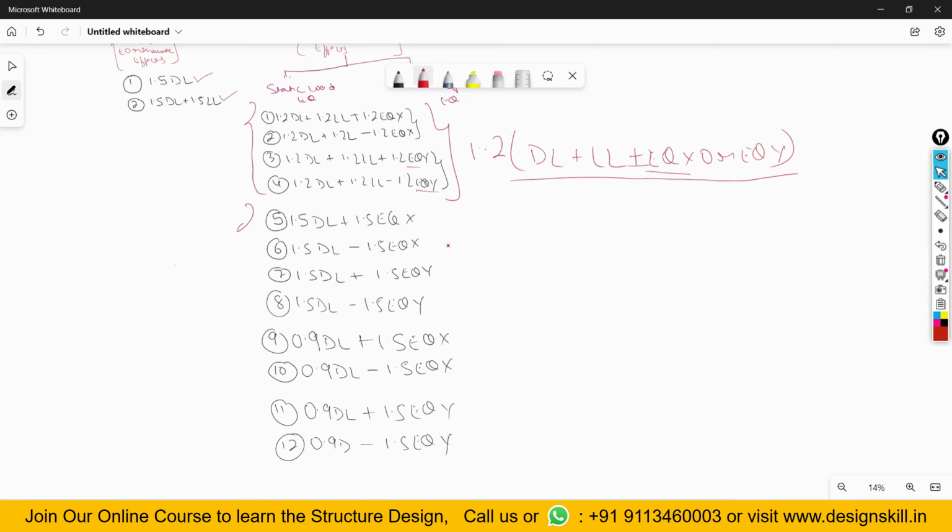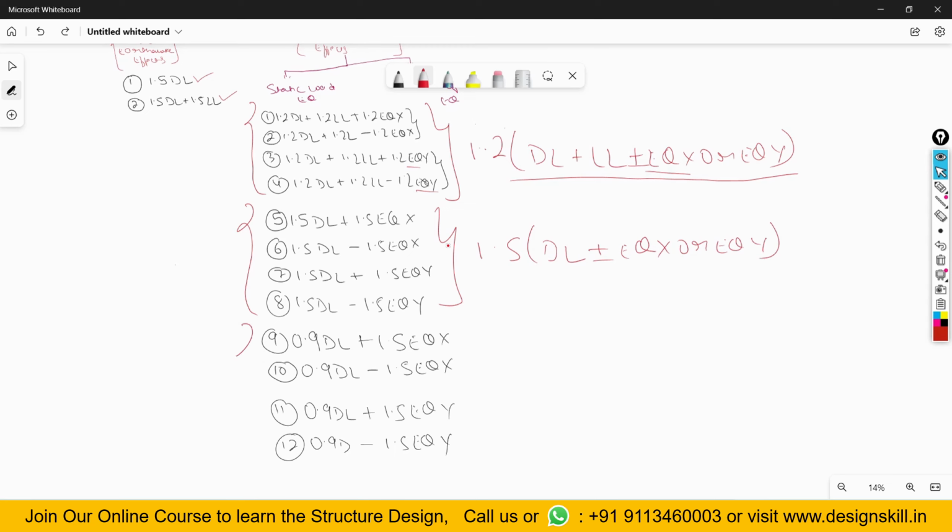So this also can be rewritten as 1.5 dead load plus minus EQX or EQY.